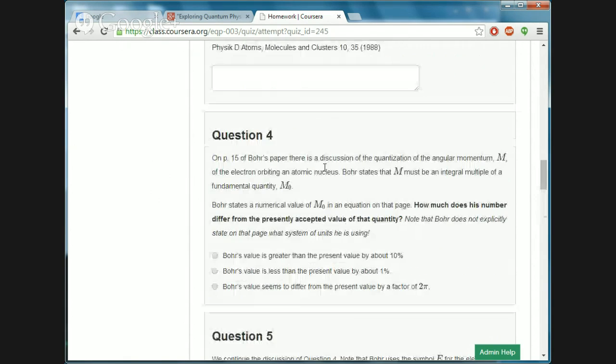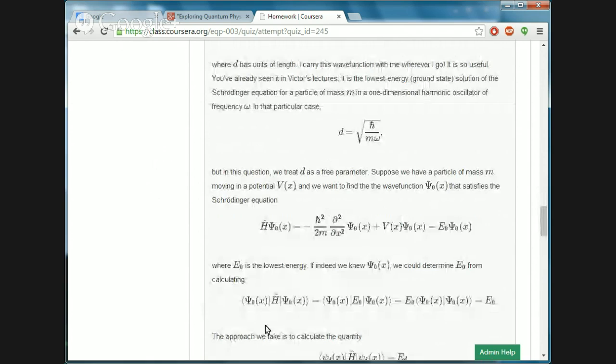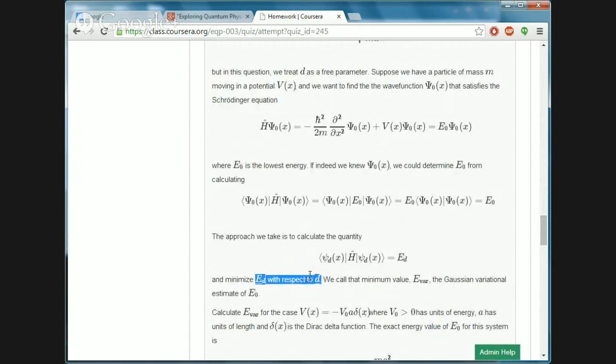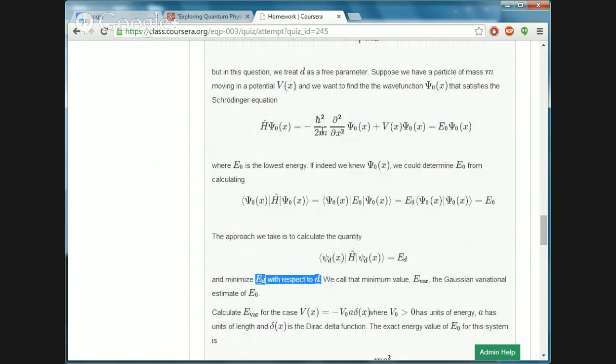So in order to do that, what you have to do is evaluate the matrix element of H, which is T plus V. The matrix element of the kinetic energy operator is something you get just from the virial theorem for the harmonic oscillator, but it's a Gaussian integral that you can do.